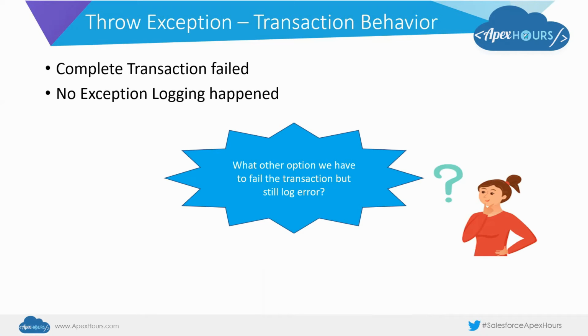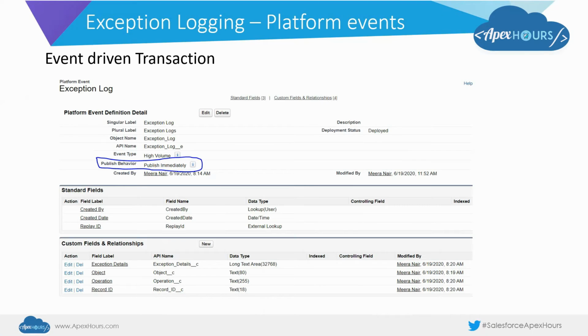How to solve this? Because I want to fail my transaction, but I want to create that exception record also. That is where platform events are going to help us. So I have created a platform event in my org called Exception Log, which has almost the same fields as my exception object, like exception details, object, operation, and record ID.